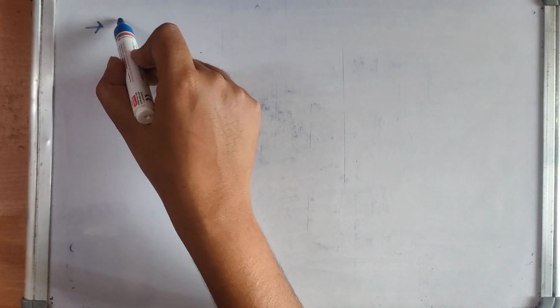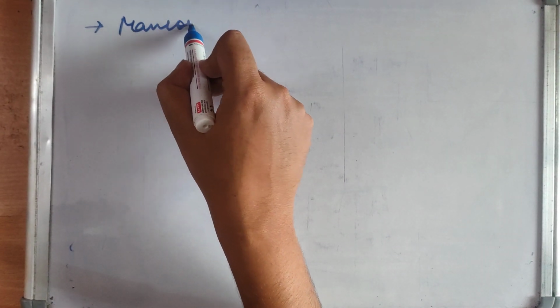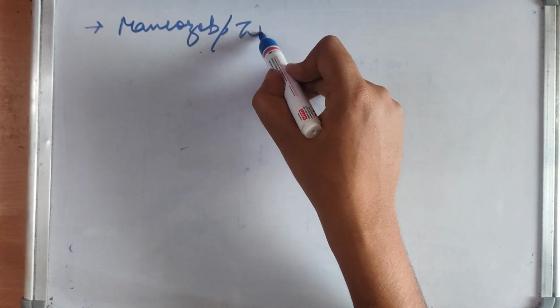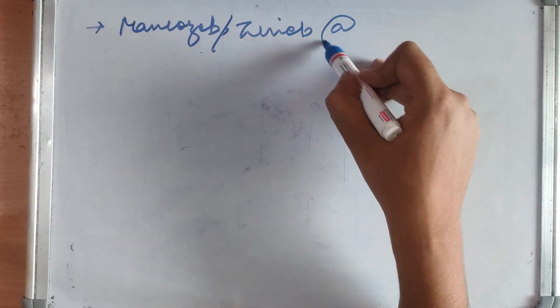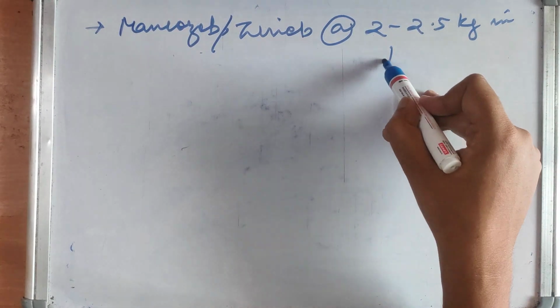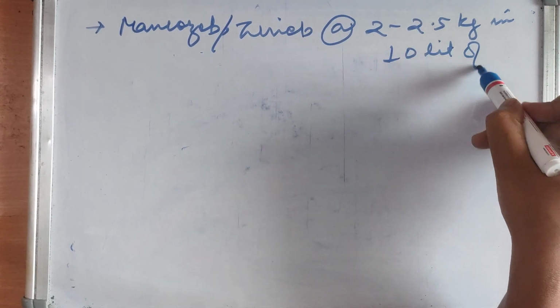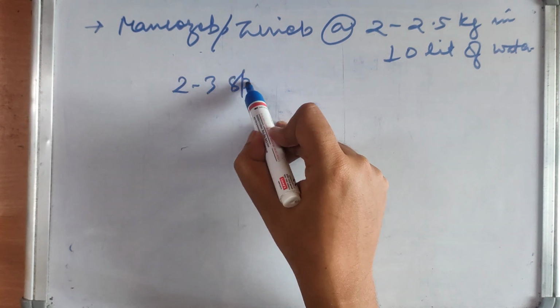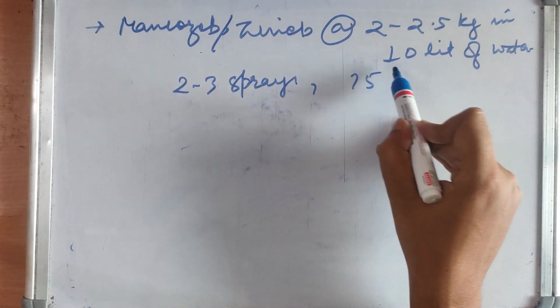In place of them, we can spray Mancozeb, or you can say Zineb, at the rate of 2 to 2.5 kg in 1000 liters of water, and we will do 2 to 3 sprays at an interval of 15 days.